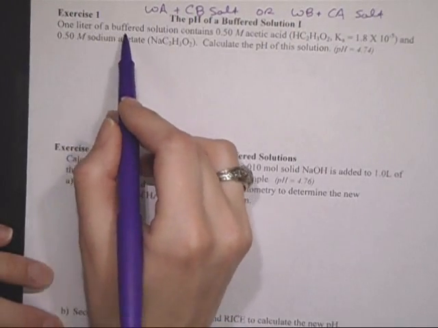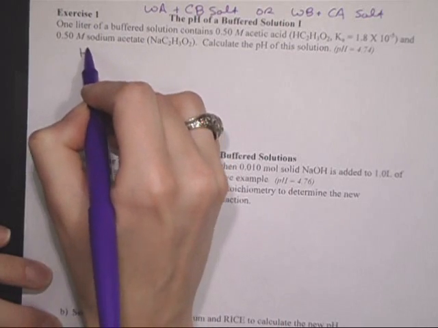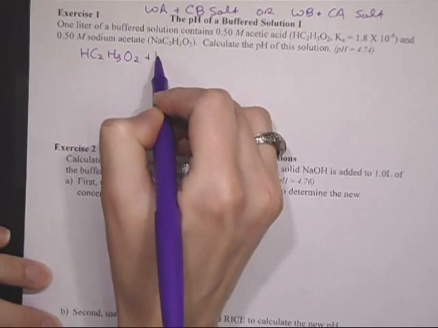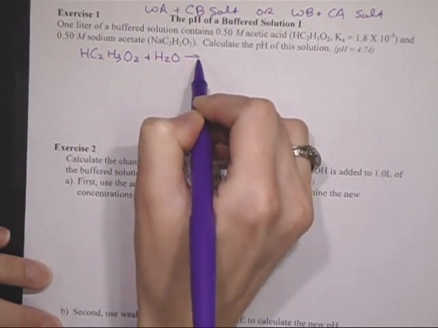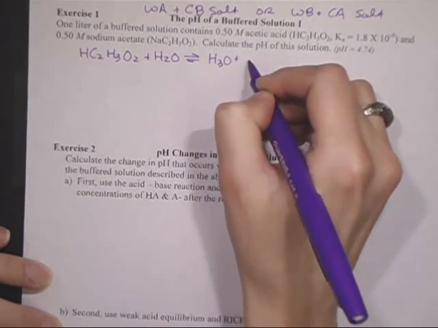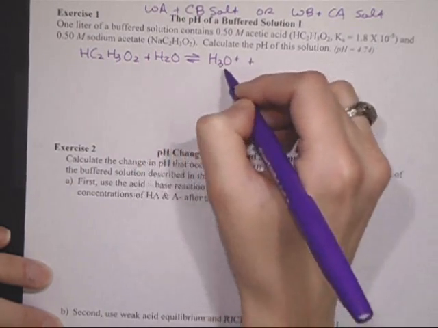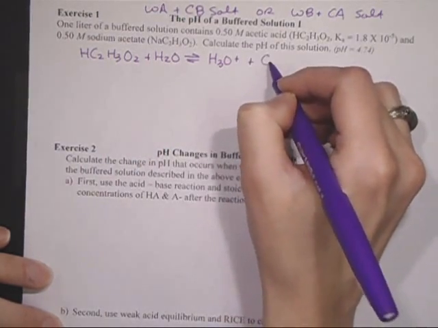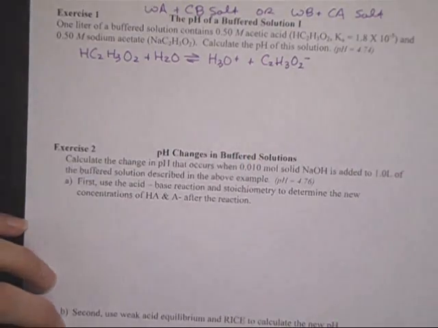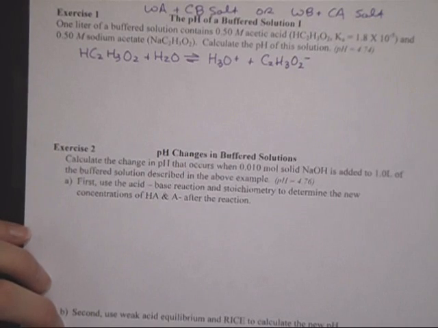Our first scenario here, we have an acetic acid. We're always going to start off by writing the equilibrium system for either the weak acid or the weak base. So we have acetic acid plus water yields hydronium ion and acetate ion. And a buffer is part of a type of reaction known as the common ion effect.